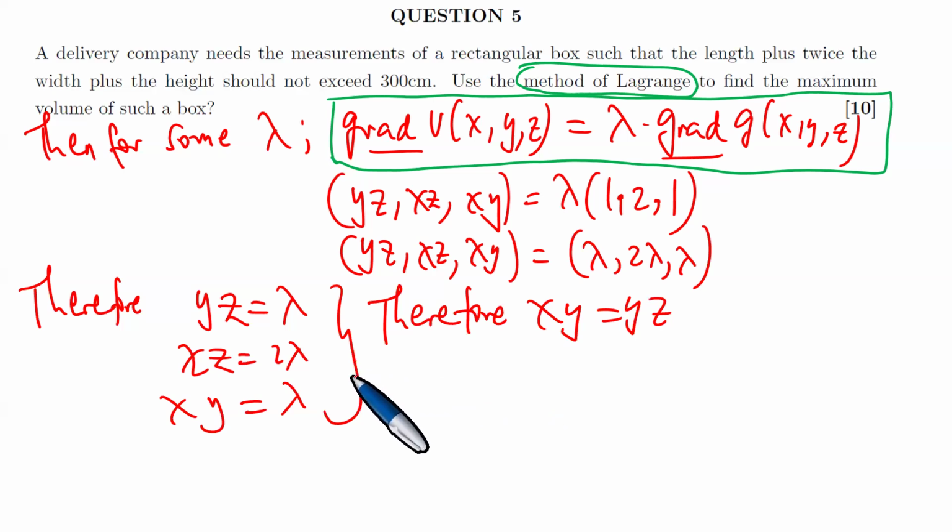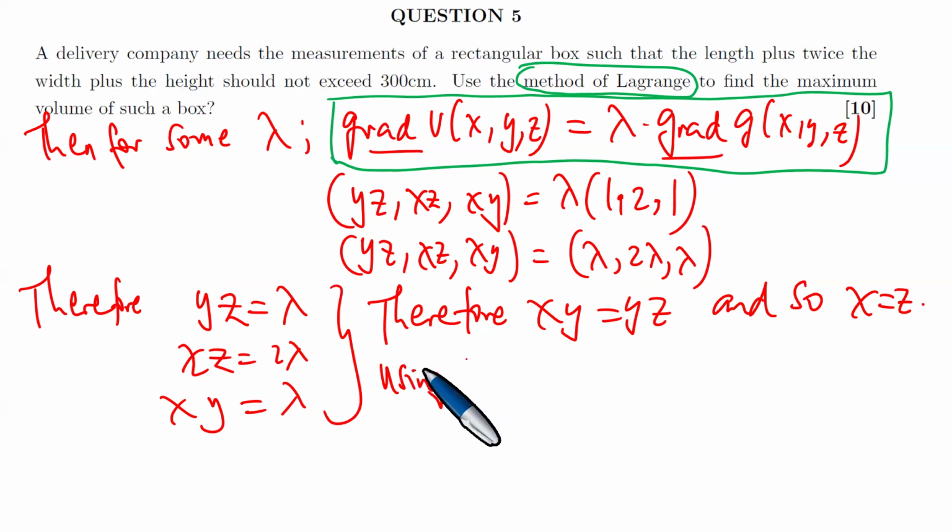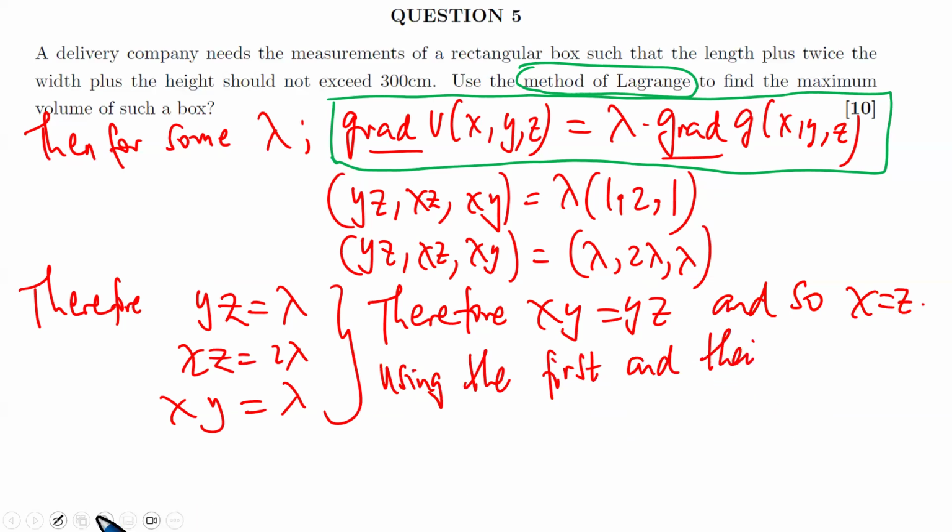And so, because there's y on both sides, y cancels, which means x equals z. Using the first and third equations, I need to just be careful here.